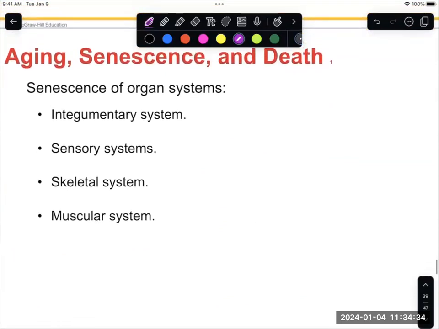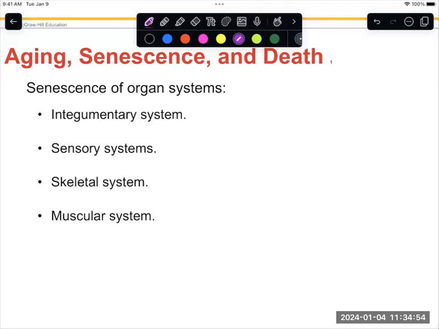So what happens to all of our different systems as we get older? That integumentary system, your skin becomes thinner, less elastic, and wrinkly. It loses melanocytes as we age, so those cells that make your skin color.